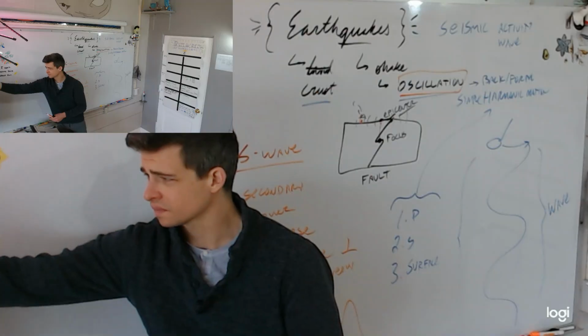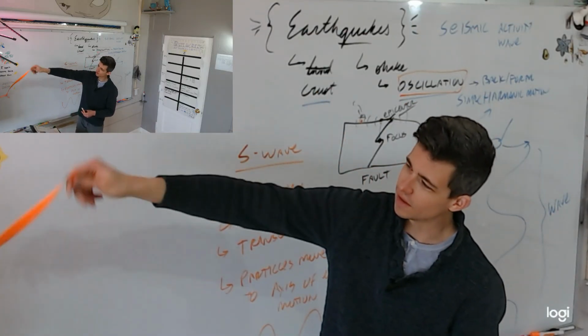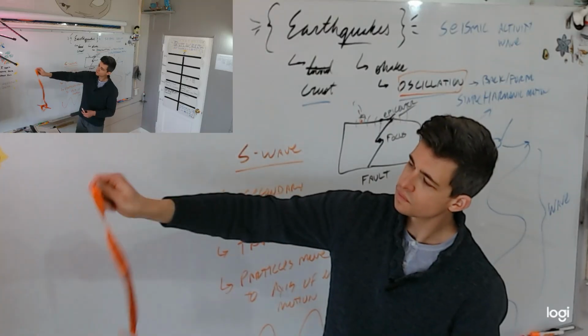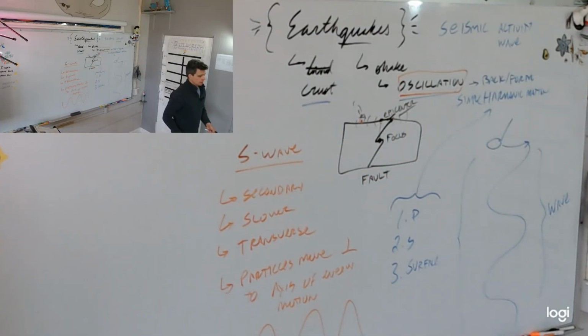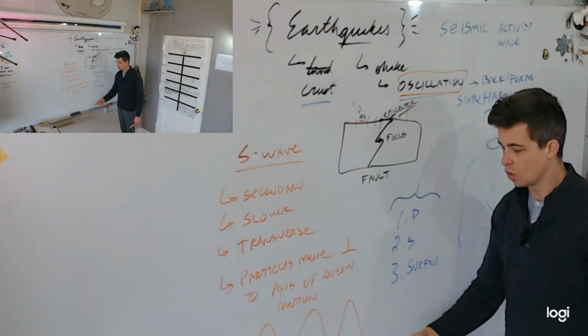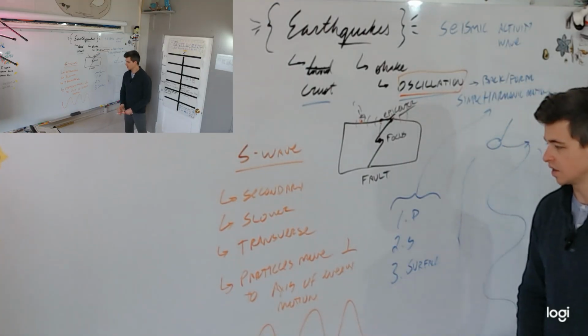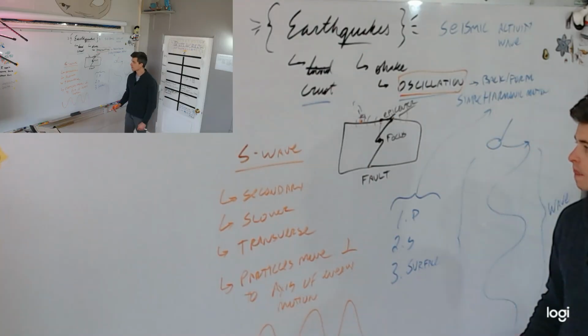Excuse me. Yeah, this is going pretty good, actually. She came out. But you know what I mean. The particles, the actual matter, move either up and down or in and out, but either way at 90 degrees to the motion of energy flow. Okay.